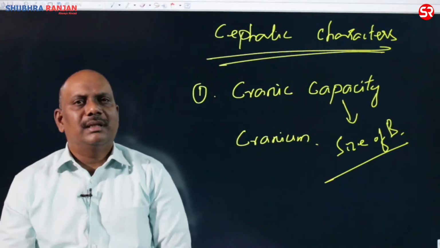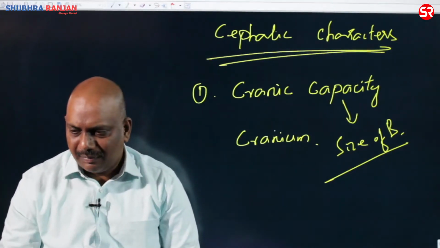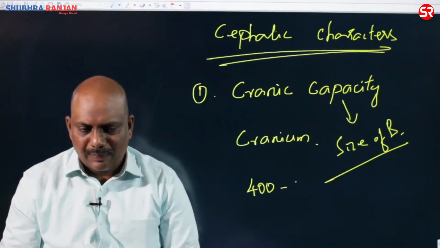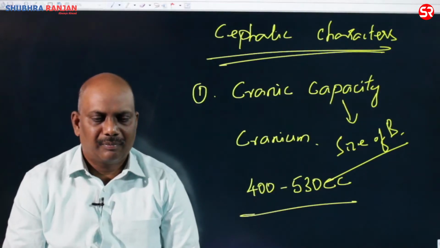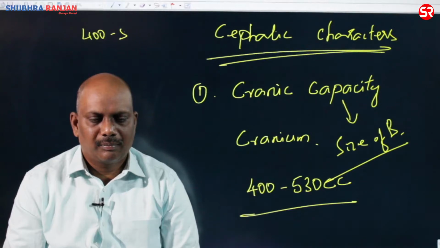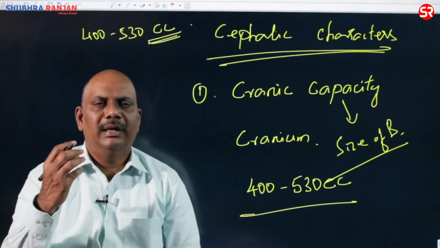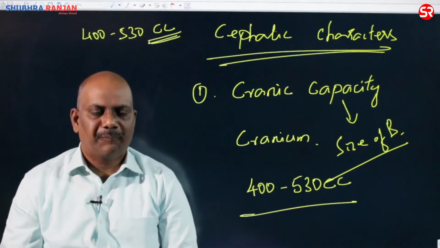For Australopithecus, the cranial capacity is 400 to 530 cc. Cc here refers to cubic centimeters. Okay.